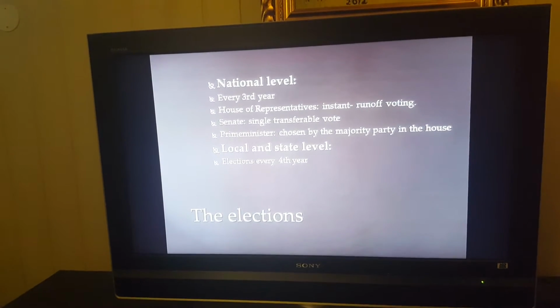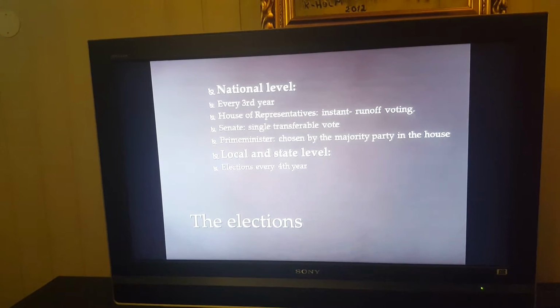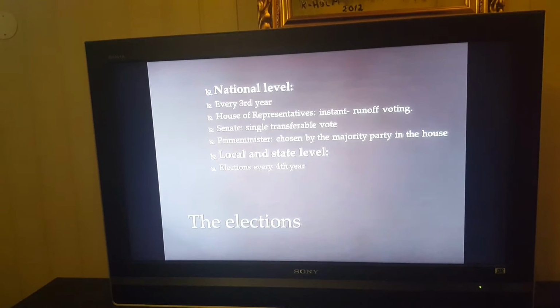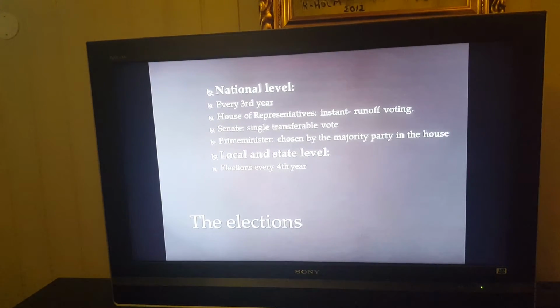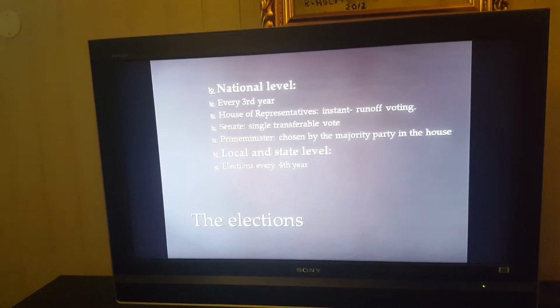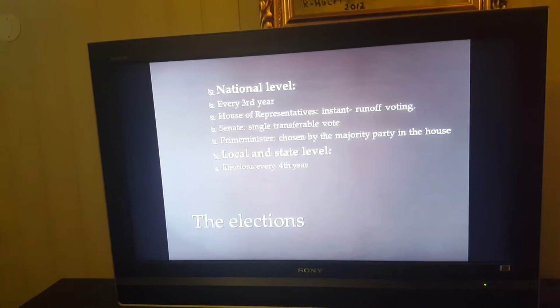For the election of members of the House of Representatives, something called instant runoff voting is used, which means that the voters rank the candidates they prefer rather than voting for one candidate. If a candidate gets more than 50% of the votes, he wins.